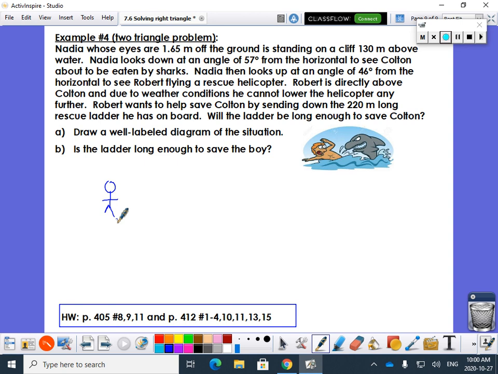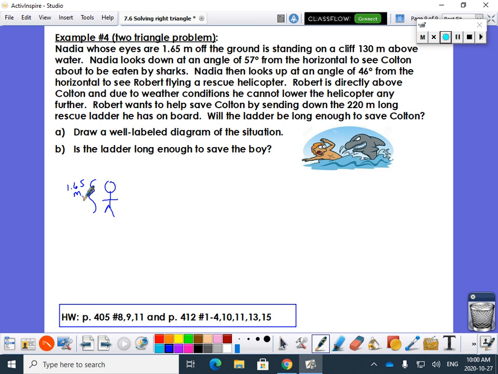So let's just say that in general, if this is Nadia, then this must be the cliff right here. So the height of Nadia is 1.65 meters. Let's just put that in there. So from cliff to her eyes is 1.65. That's what we have so far. Then it says she's standing on a cliff, and the cliff is 130 meters above the water.